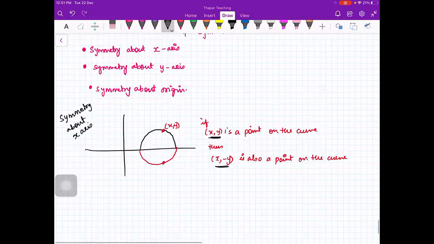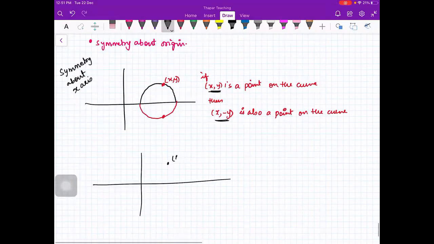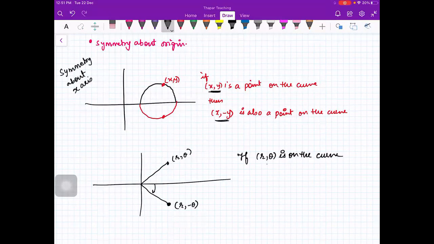If r comma theta is on the curve, then r comma minus theta is also a point. Okay, so if r comma theta is on the curve, then r comma minus theta should also be on the curve. Then only your curve will be symmetric about x-axis.